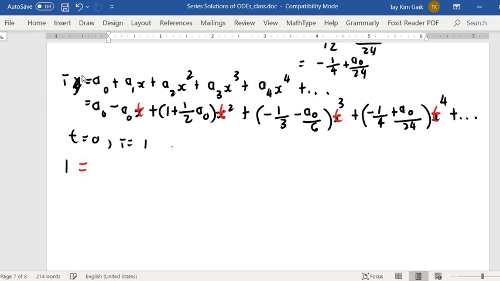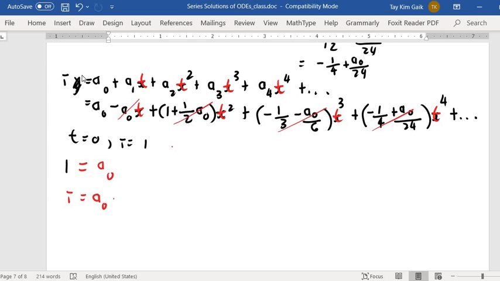So this is a t, this is t, this one is t, this one is t. So when t equal 0, that means your A0 is 1. Because t equal 0, this one gone, this one 0. So everything gone. So I will just get A0 equal to 1.